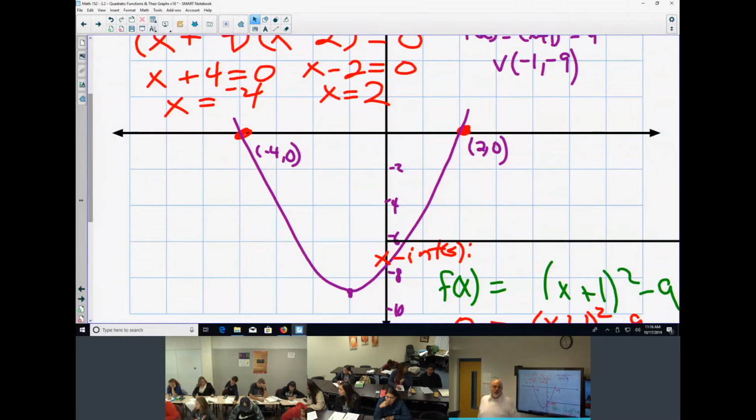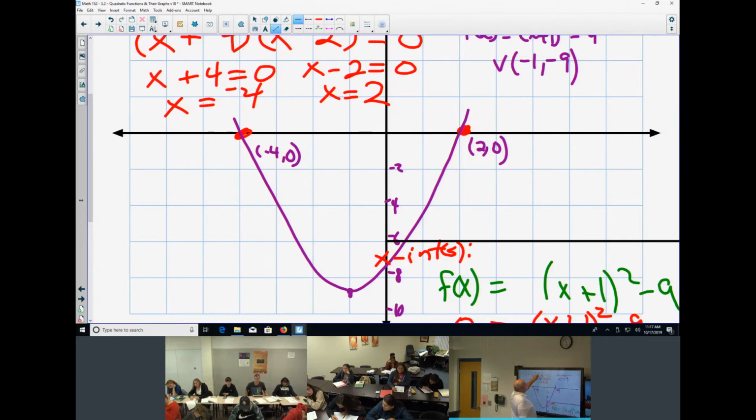Now here's a way that you can check if your answers are correct: remember the parabola is symmetric. If you imagine a vertical line going through the vertex, that's your axis of symmetry.